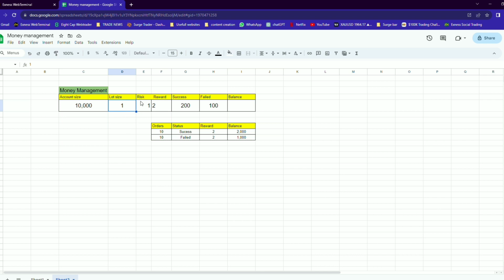So this means your risk of 1 to 2 will have a take profit, which is success, of 200 and a stop loss of 100. And here, if you place 10 orders and they all hit the profit and 10 orders fail, so out of 20 orders, if you have 10 good orders and 10 bad orders, you will get 2,000 from the good orders, and you lose 1,000.